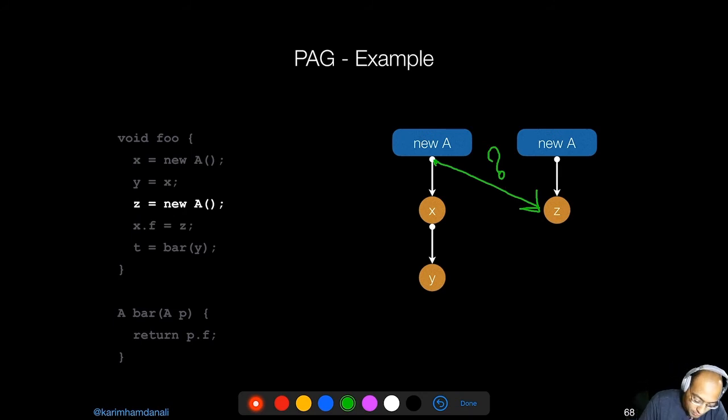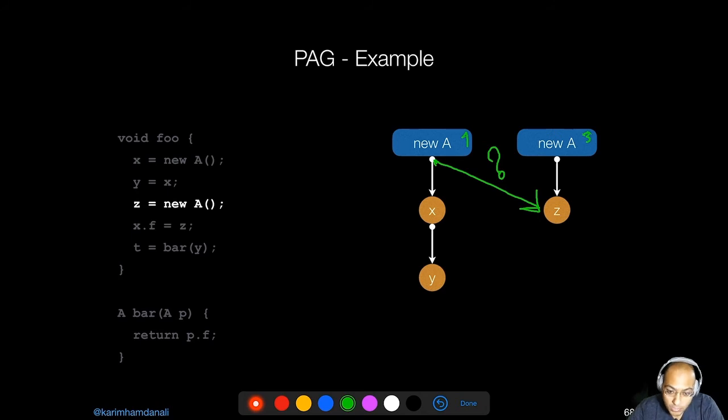Nothing here, for example, says this is new A on line 1, and this is new A on line 3. They are both exactly the same kind of node. So I could have gotten away with just connecting that new A to z, and I could have still got a safe over-approximation.